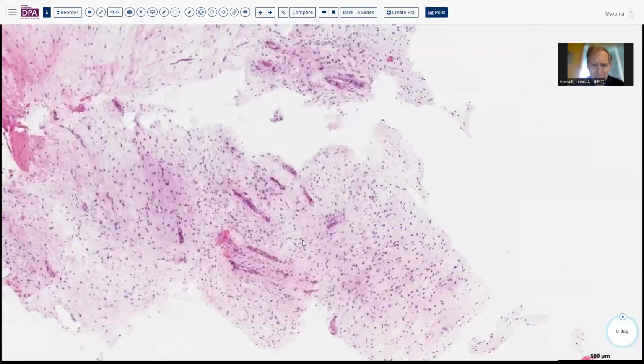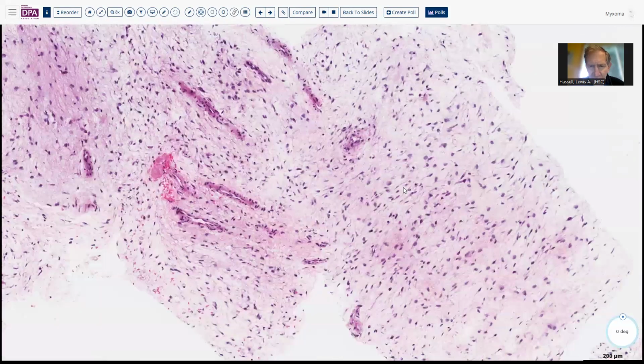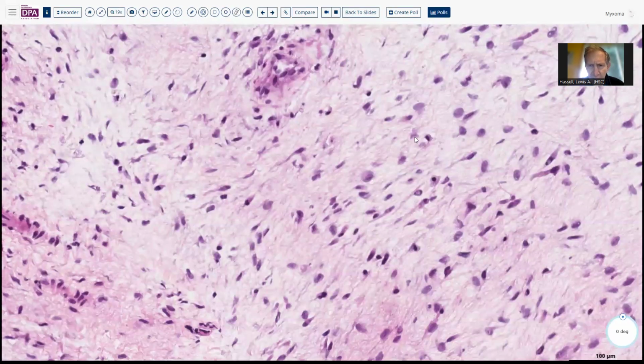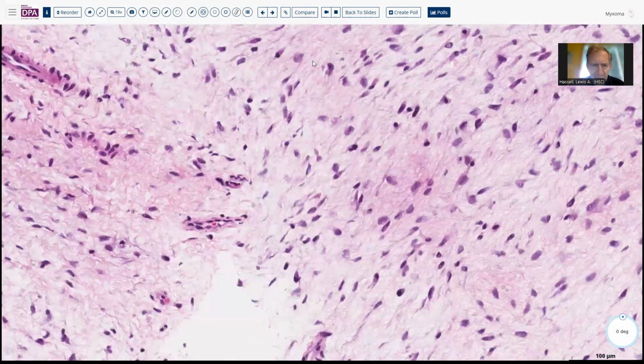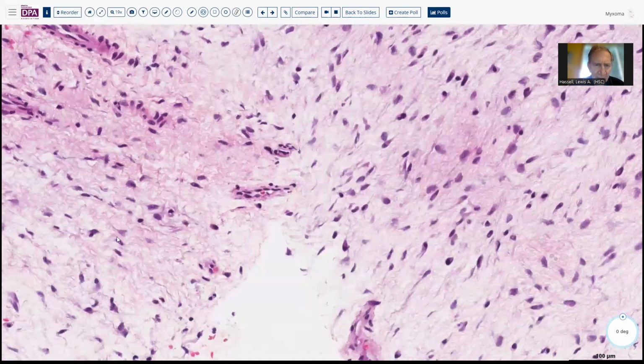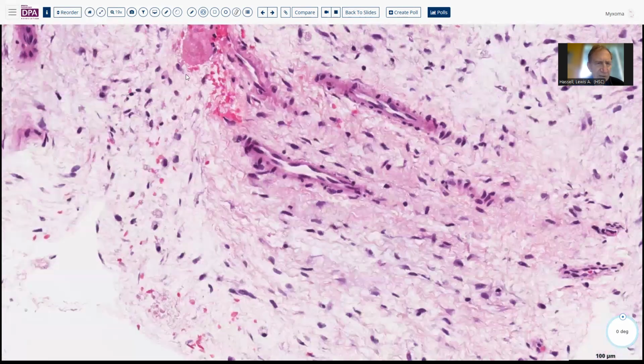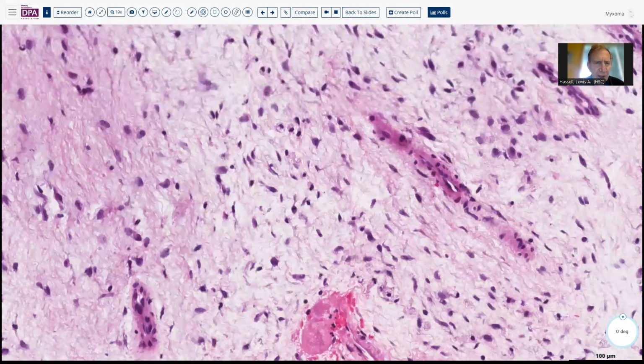Well, there are a lot of lesions that can look like this. We'll go to a little higher magnification just to appreciate that we might have a few mast cells in the lesion. There you can see maybe a couple of darker cells with slightly granular cytoplasm. We don't see any significant atypia. No mitotic figures certainly identified here, and no specific differentiation.